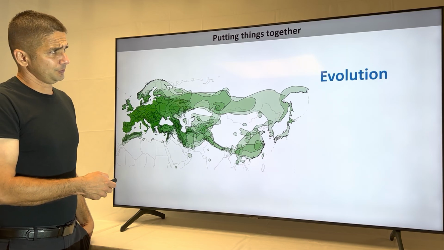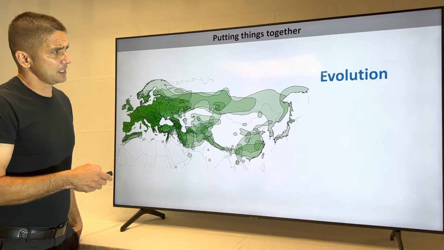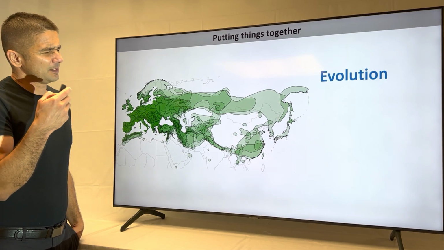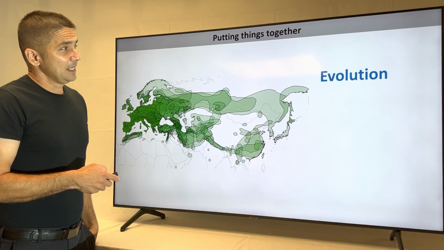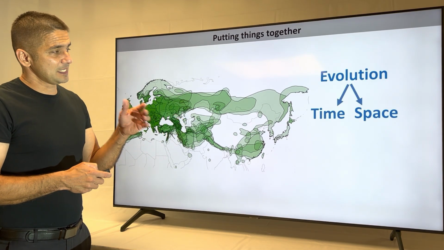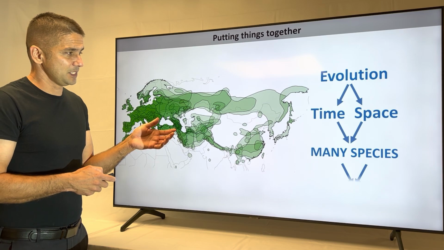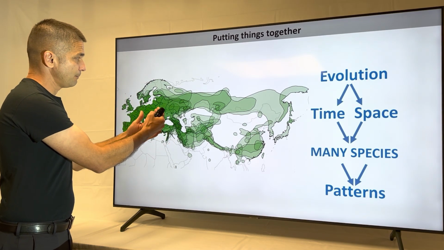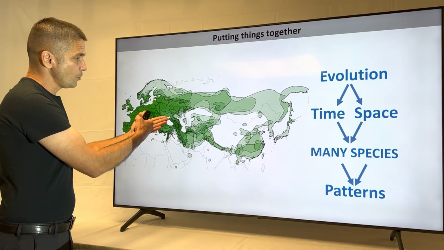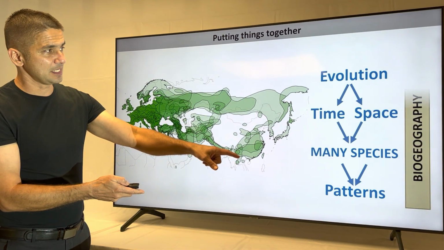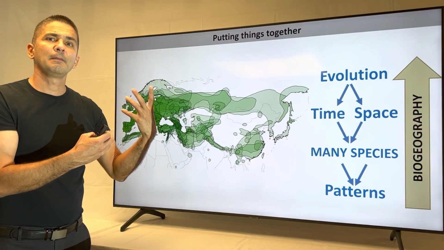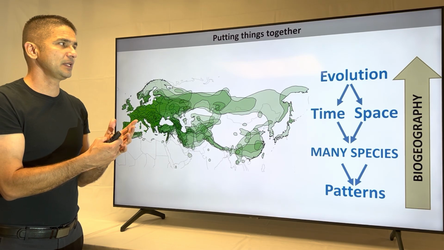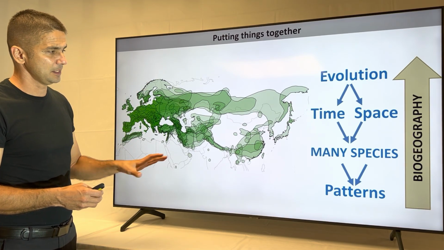So that evolution that we had discovered, and that we had described, and that was discovered by Darwin, is something that happens both in space and time. It's happening for many species, and of course the overlap of those individual cases results in patterns that then are the focus of the study of biogeography, and later on we're going to start looking again at these patterns.